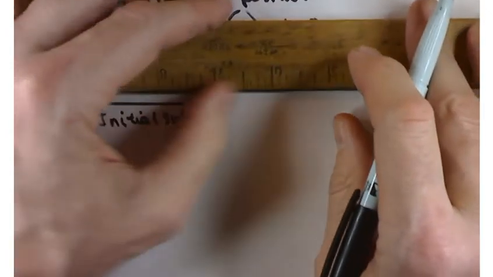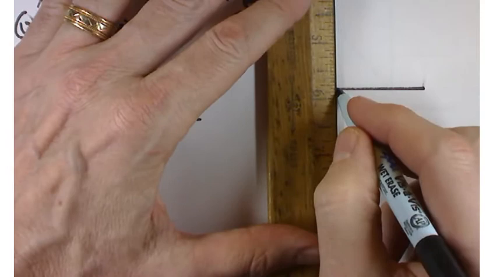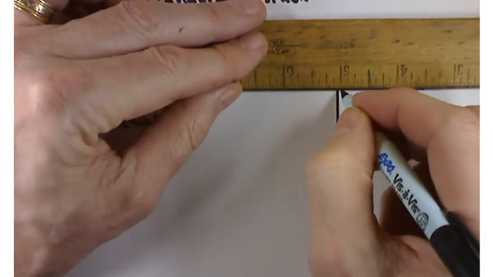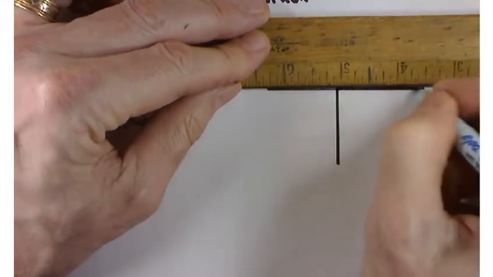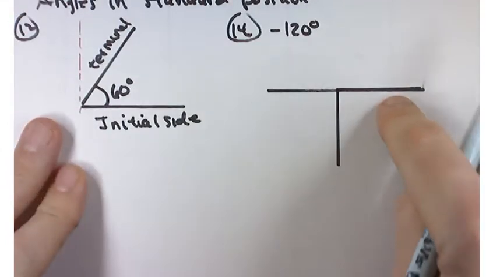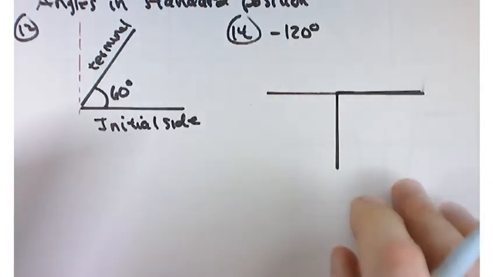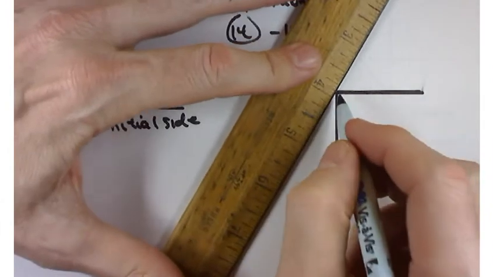So again, we'll start out on the positive x-axis. So your initial side is here. And since 120 is bigger than 90, you're going to have to go past this axis down here and into the third quadrant. So about a third of the way there.